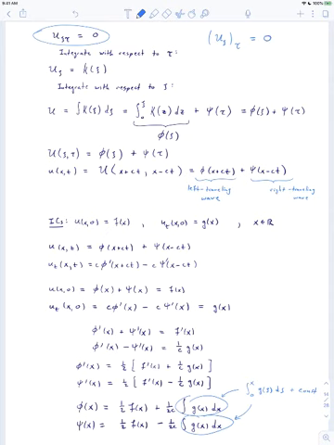So we can integrate this expression with respect to tau. So that means when you integrate with respect to tau, you're going to get a constant, although it's constant with respect to tau. So that means you might have a function of psi.